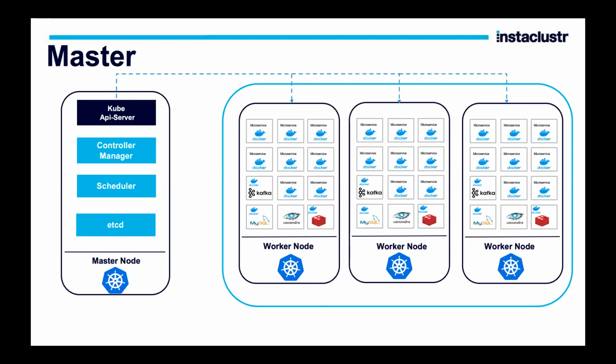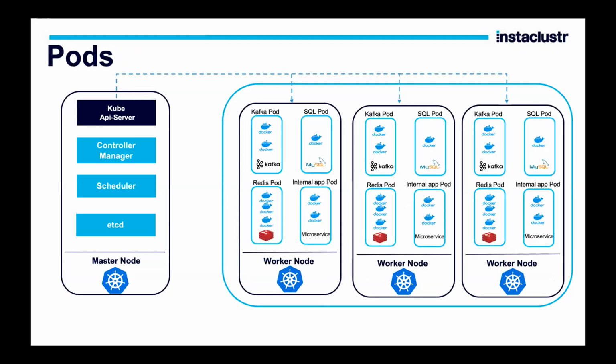We won't be going into too much detail at this moment, but that's just a concept from a master perspective. Now, as we discussed, with Kubernetes our ultimate goal is to deploy applications in containers. However, Kubernetes does not deploy containers directly on worker nodes.